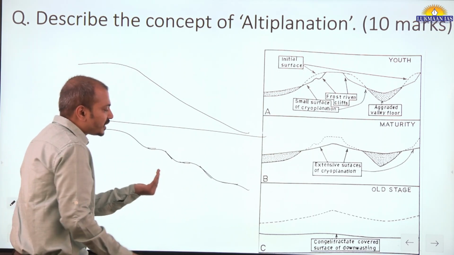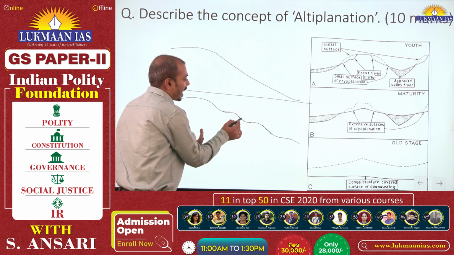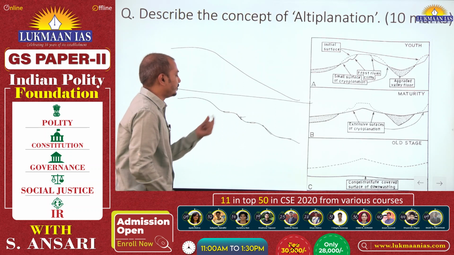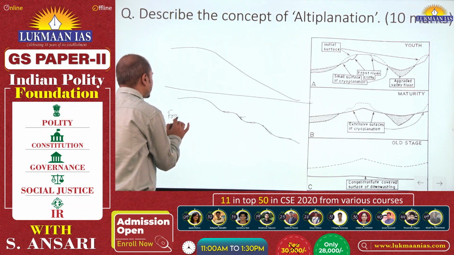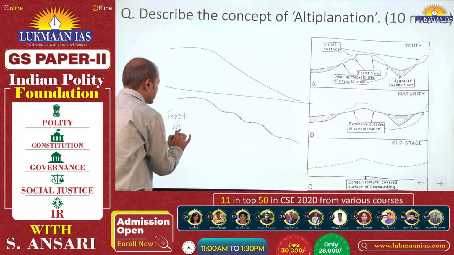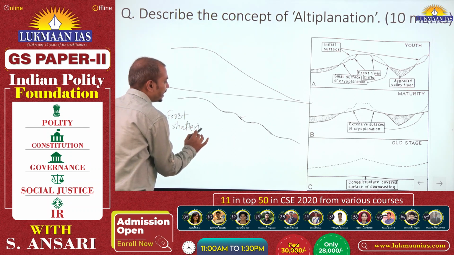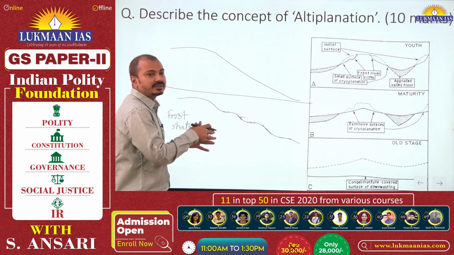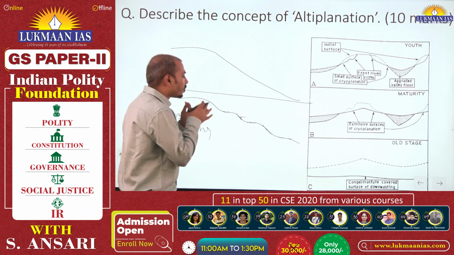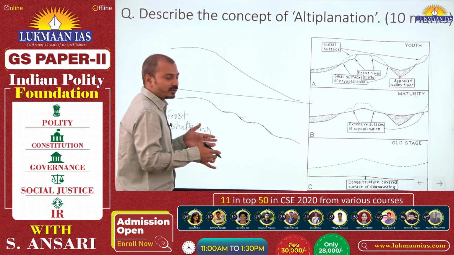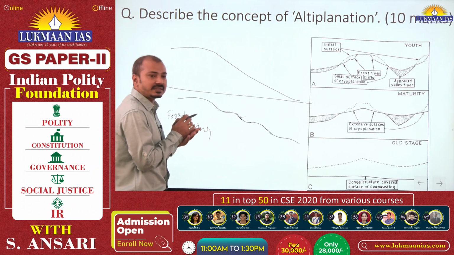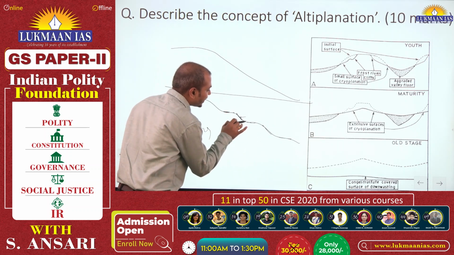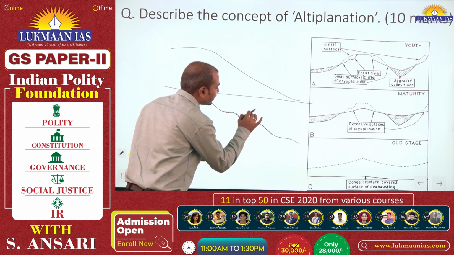Now the retreat of this slope happens because of the work of frost shattering. यानी कि क्या होता है, यहाँ से आइस नीचे गिरता रहता है, and because of that there is mechanical breaking of the rocks. So that's why this slope is always steep while this is gentler. Why? Because mass movement of this material is happening and there is deposition here.